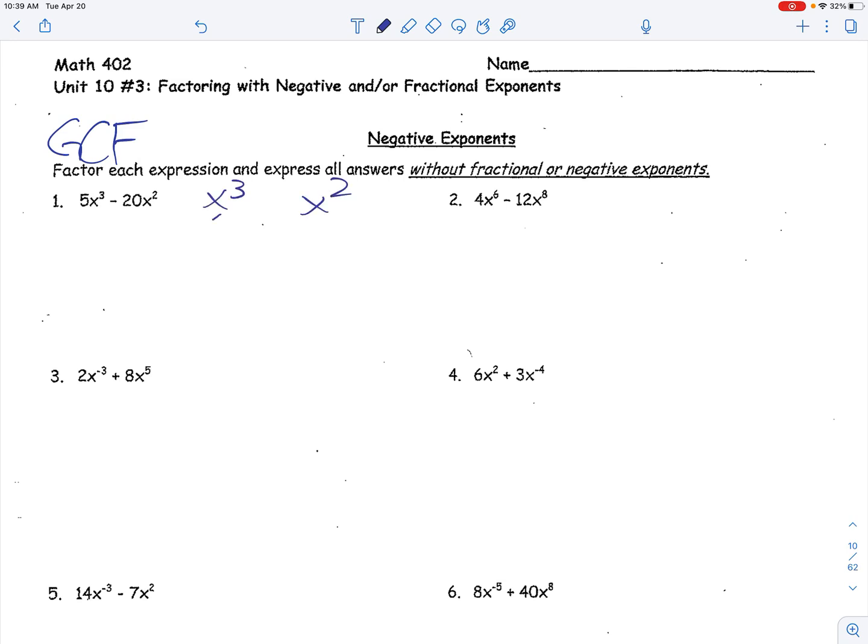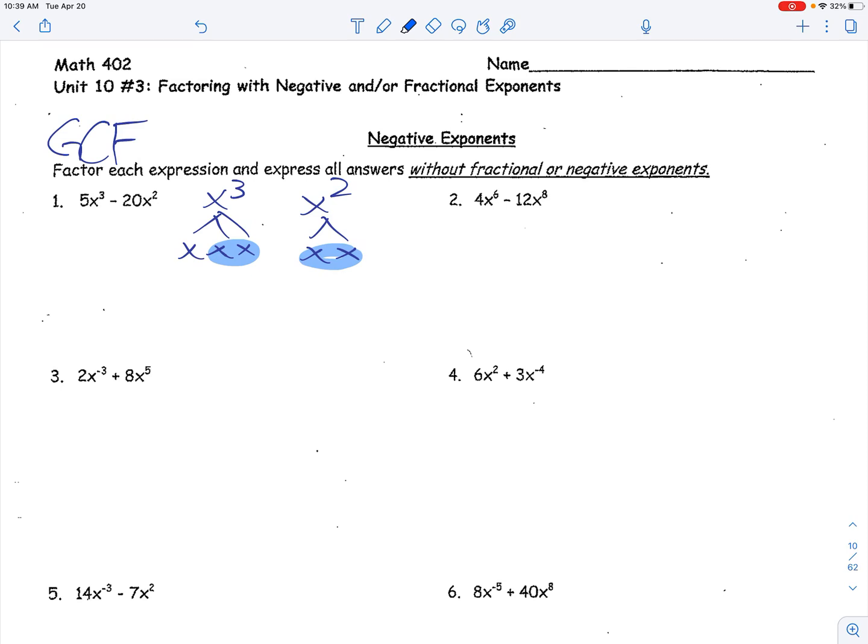And now you have an x^3. So you have an x^3 here, and you have an x^2. x^3 is x times x times x. x^2 is x times x. It's the greatest amount of x's that are in common with both of these terms. You can take 2 from here, 2 from here.